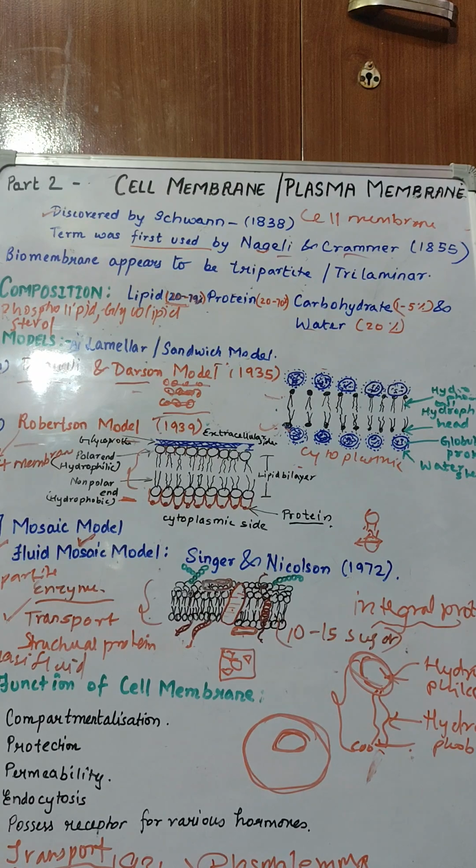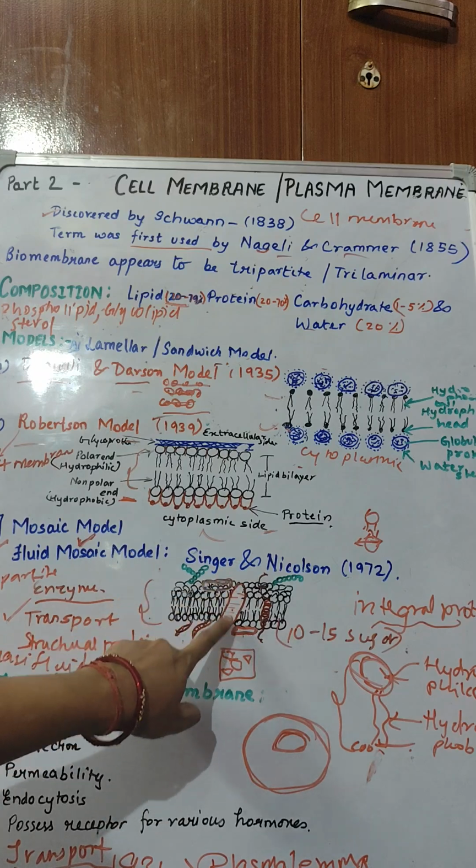And they also suggested, not he, they, because two people were involved, Singer and Nicolson both were involved in this. So they also suggested that proteins are in the form of integral or peripheral. So there are tunnel proteins or transmembrane proteins which are present within the membrane, spanning the membrane.